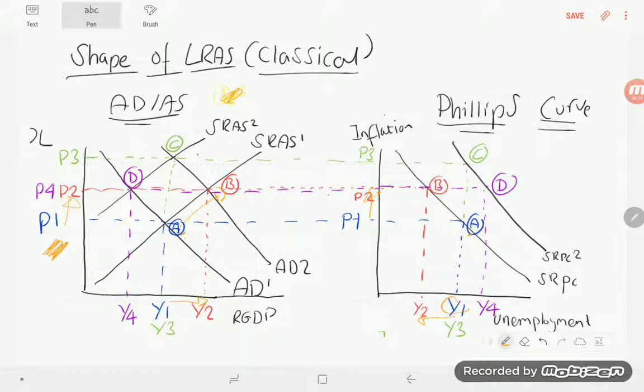So we got to B. This showed that if we want to reduce the level of unemployment, we have to accept a higher inflation, which obviously can be detrimental if it is above the 3% maximum target of the Bank of England. Remembering 2% is the target, and it can be 1% above or 1% below. So we've got from A to B.